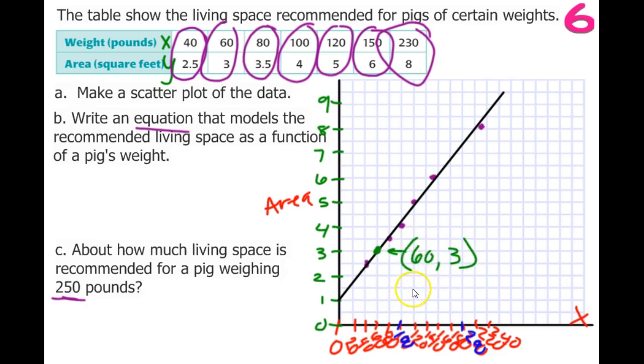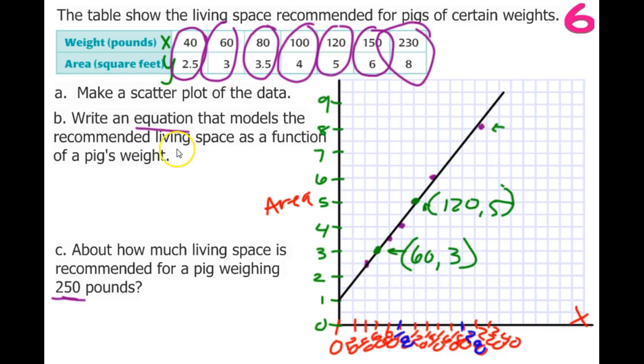And then maybe I also want to use this point because I would say I'm pretty close to that point, which is 120, 5. Let me write that again. Now the reason I use these points is because they are on my line. This one was not on my line, so I didn't use it.